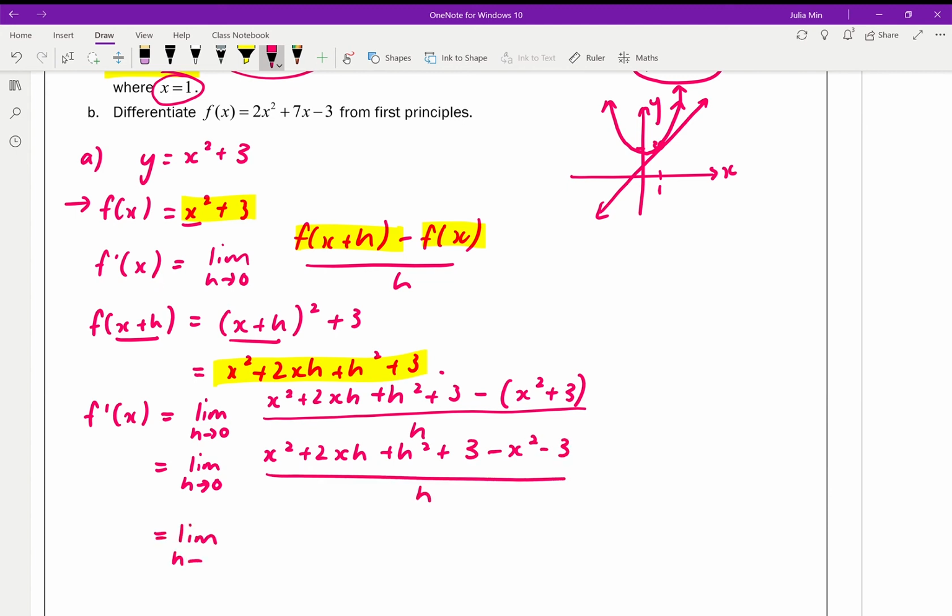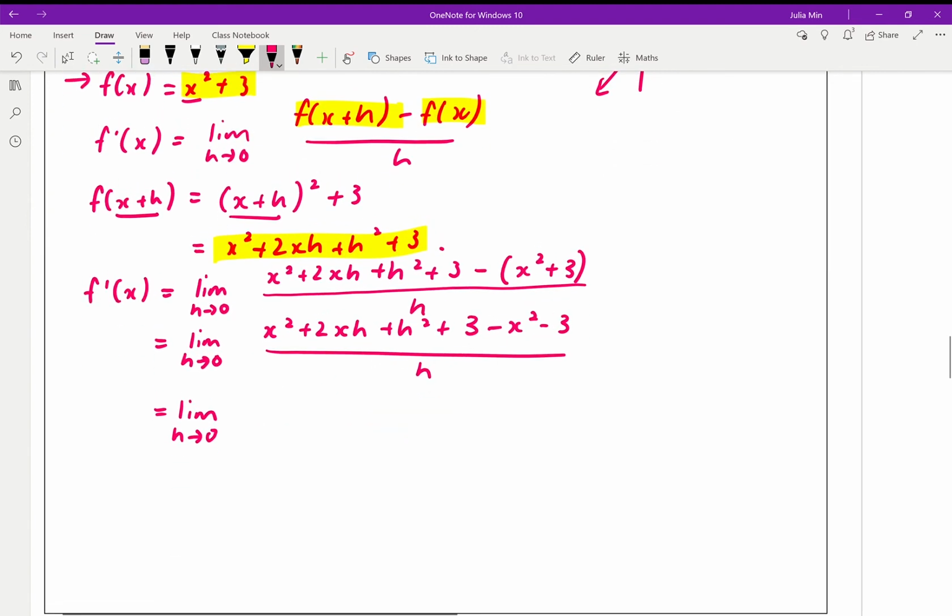Feel free to pause the video if you need to understand what's going on, but I'm just going to keep going. So x squared minus x squared disappears, plus 3 minus 3 disappears, so I'm really left with 2xh plus h squared over h, and then I want to eliminate the h at the bottom, so factorize it out.